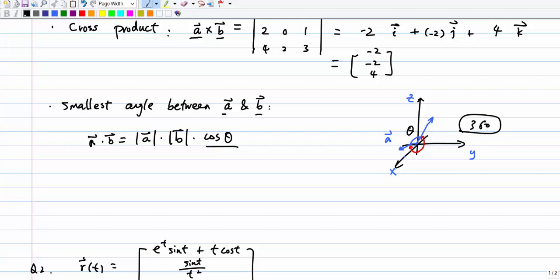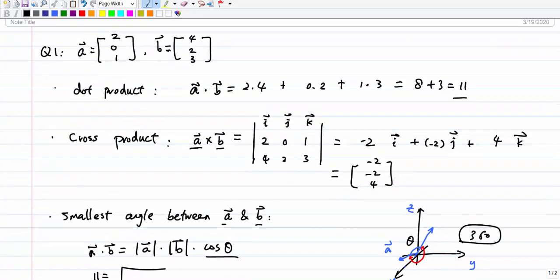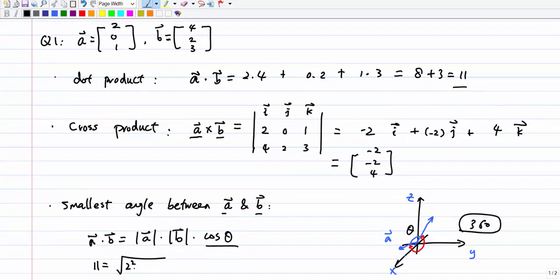Let's calculate this one. A dot B we calculated as 11. The A magnitude is the square root of 2 squared plus 0 squared plus 1 squared, the length of A, times the norm of the B vector, which is the square root of 4 squared plus 2 squared plus 3 squared, times cosine theta.